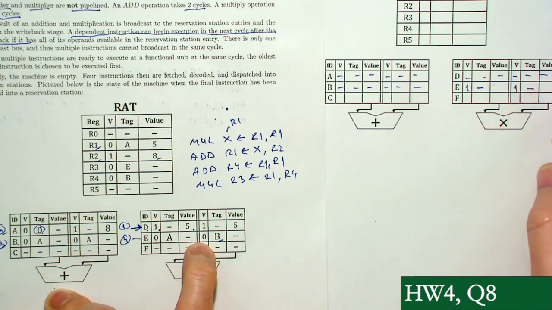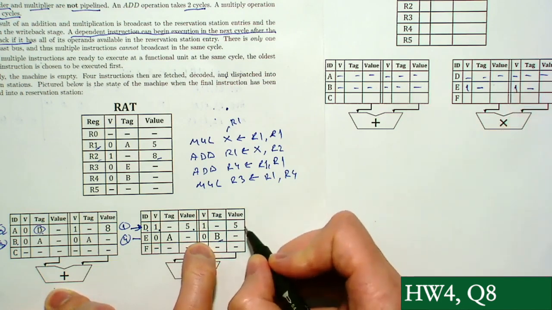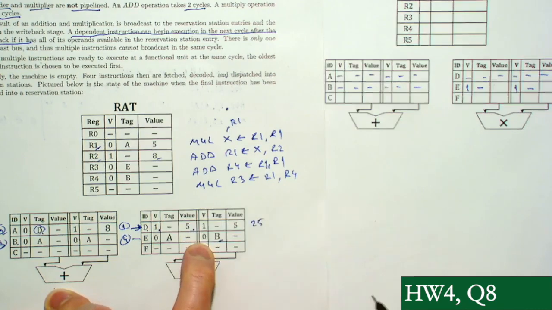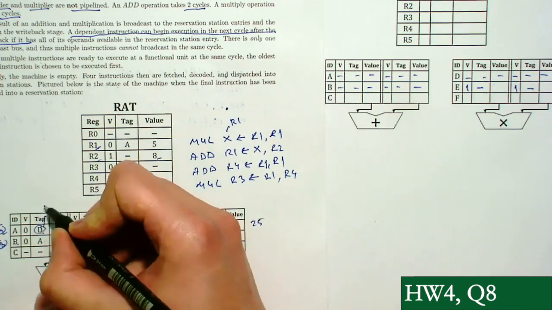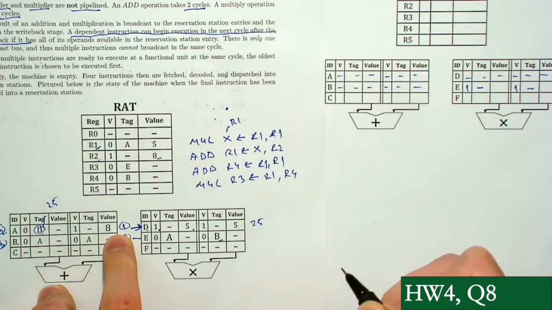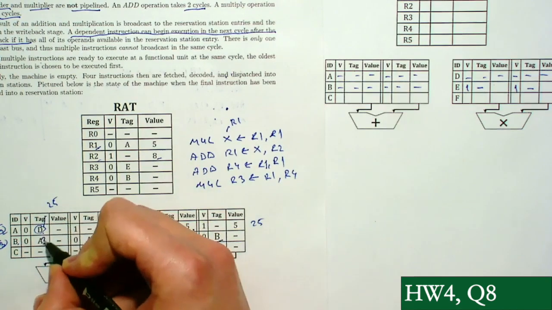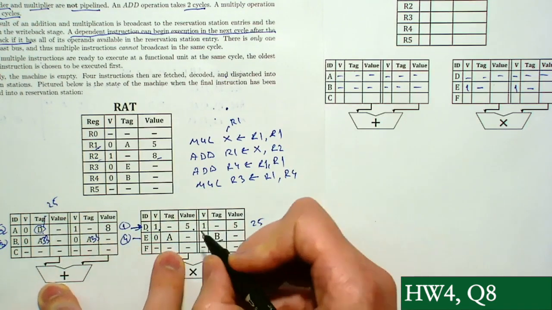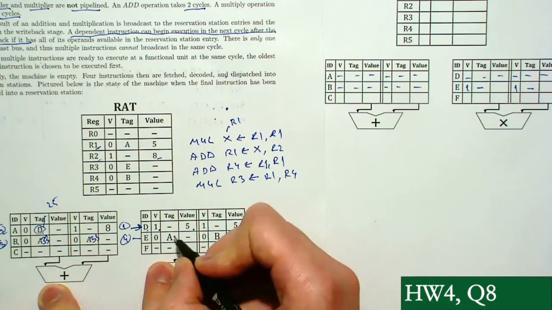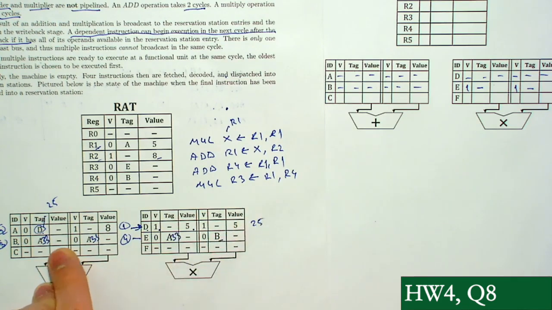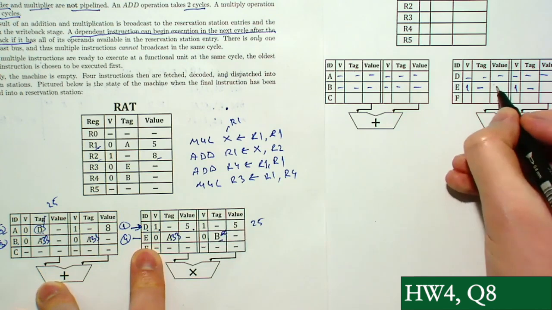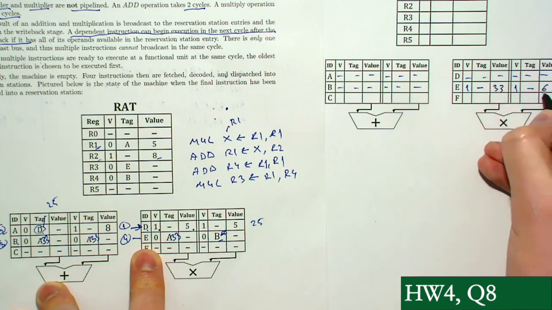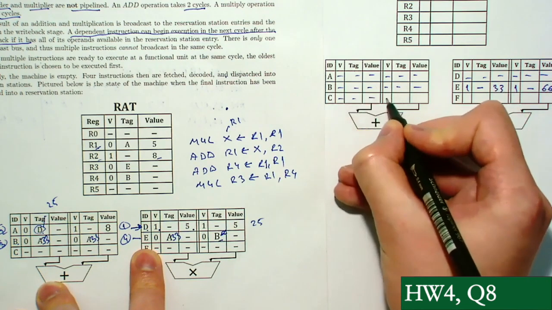So let's find out what these values are. The result of this operation is 5 by 5, 25, right? And so D is 25 plus 8 is 33. So whenever we see A, we can put 33. And B will be 66. I just executed those instructions quickly. So this is 33, and this is 66. And the rest is also blank.